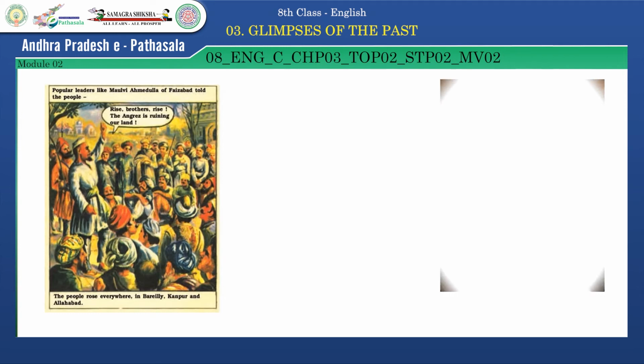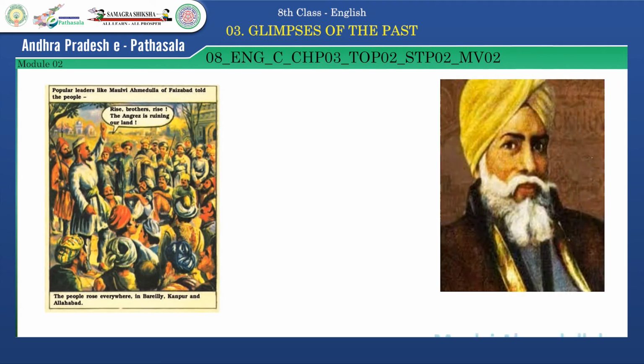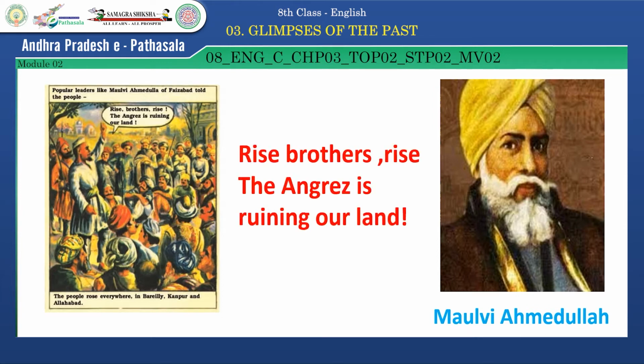Popular leaders like Maulvi Ahmadullah were encouraging and inspiring people by saying, "Rise, brother, rise. The Angrez is ruining our land." So he is motivating Indians to take part in the war to get freedom.